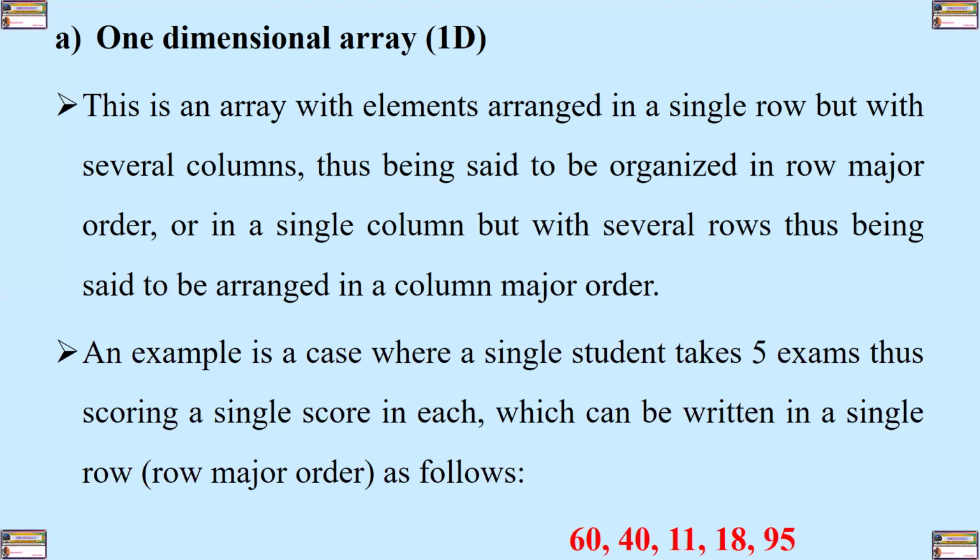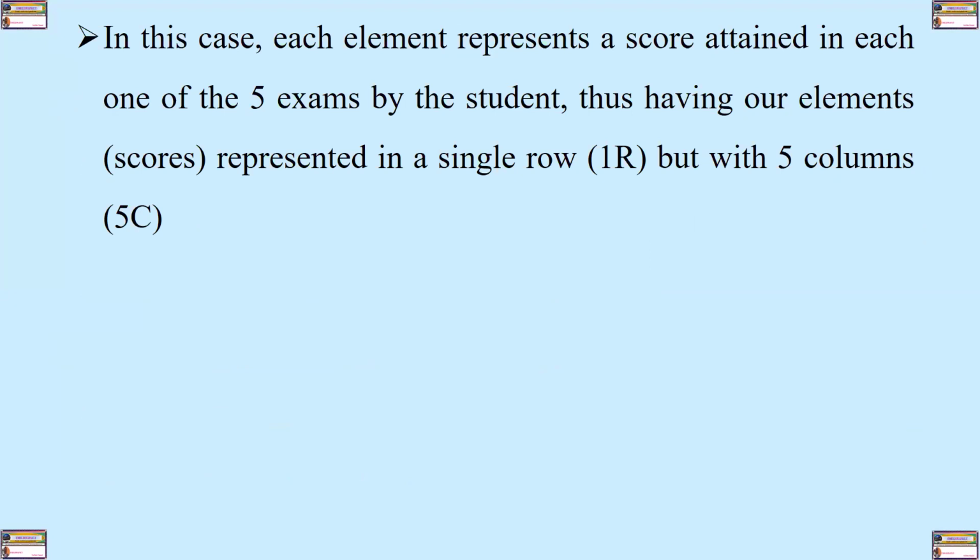So a one-dimensional array will look like this: 60, 40, 11, 18, 95. This is a single row, so this is said to be row major. In this case, each element represents a score attained in each one of the 5 exams by the student, thus having our scores represented in a single row.